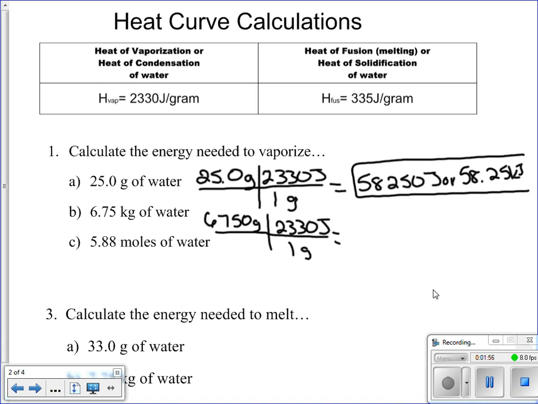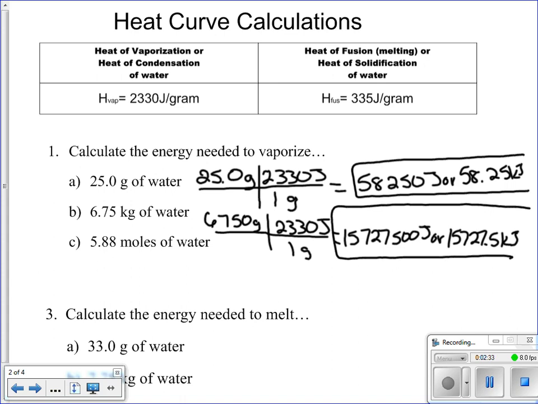We multiply that out and we end up getting 15,727,500 joules, or we would say kilojoules, 15727.5 kilojoules.